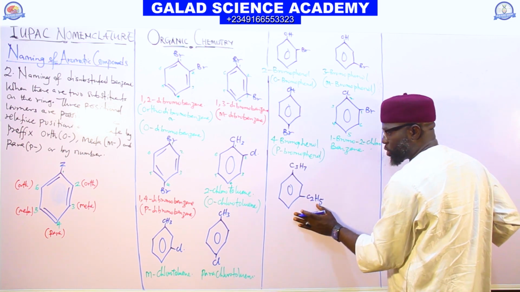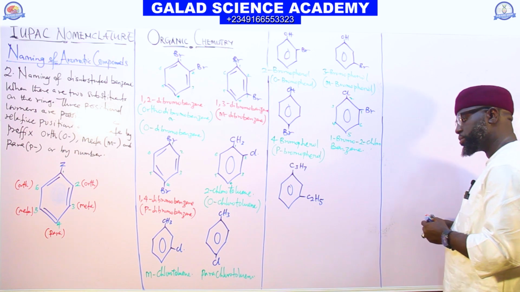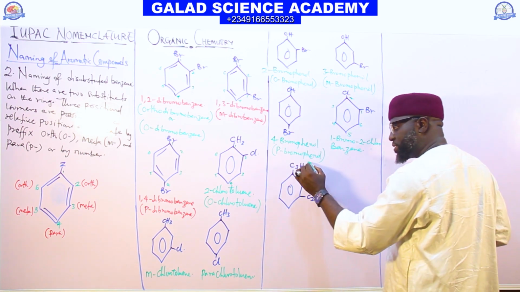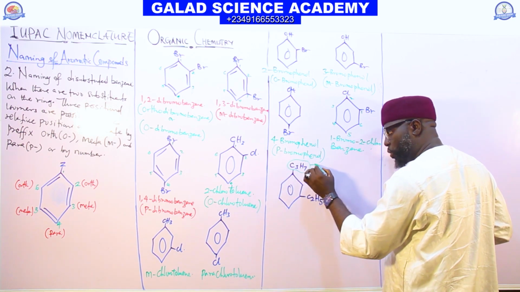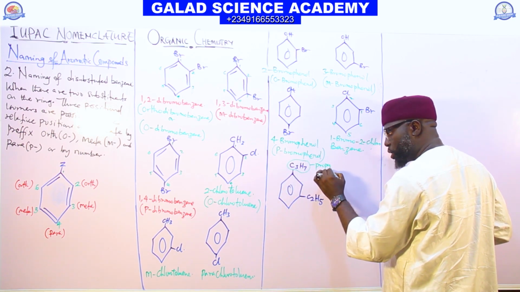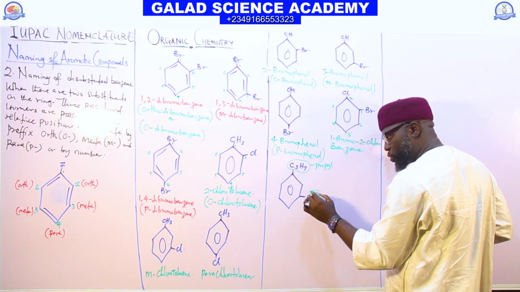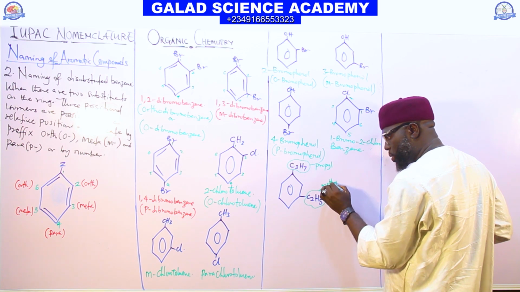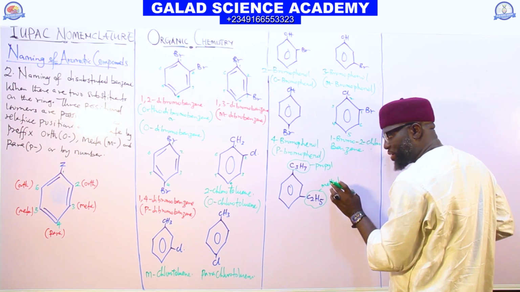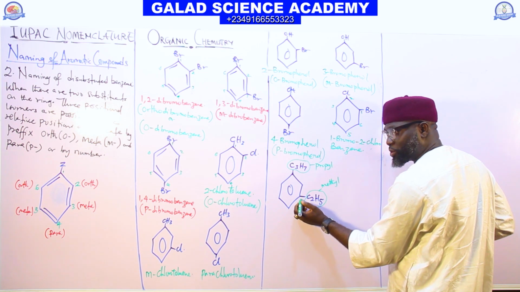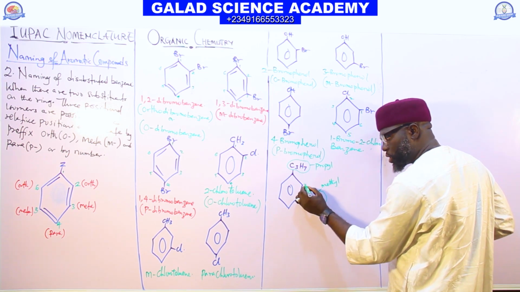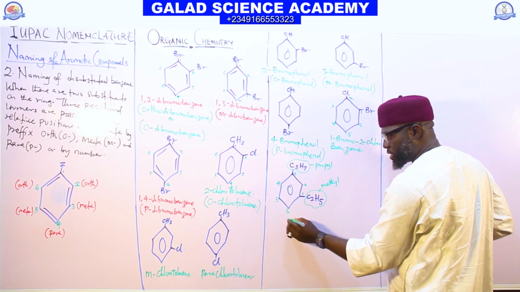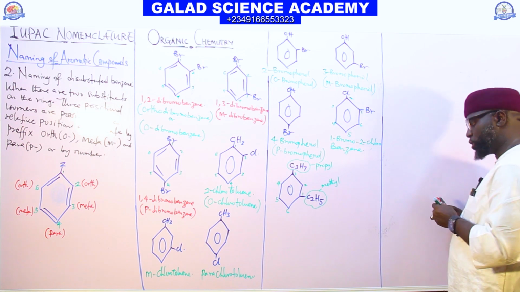And now asked to name this compound. If you look at the compound very well, you will observe that this one is what we call P. This one is what we call methyl. So we have M before P. This M that we have here will start as 1, 2, 3, 4, 5, 6.